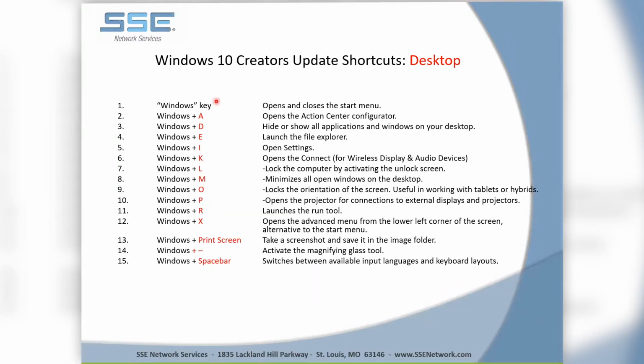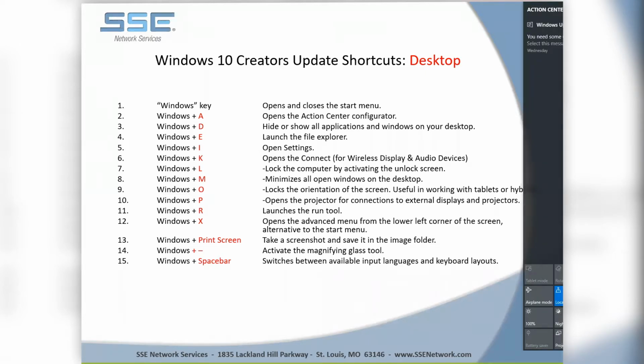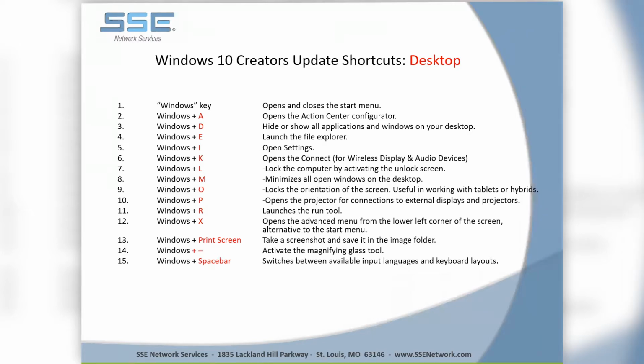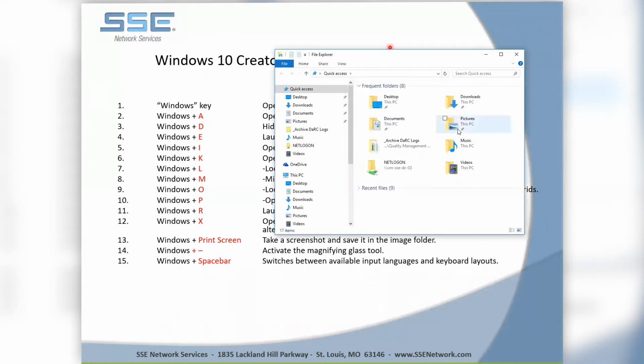If I hit Windows A, that's going to bring up my action configuration screen. So this is really kind of your one-stop shop for all your settings here. So you can see Windows A kind of brings that up, and it is a toggle. I'm not going to hit Windows D to hide or show applications. If you need a very quick way to show Explorer, you can do Windows E, and that's going to bring up your Explorer window that looks just like this.